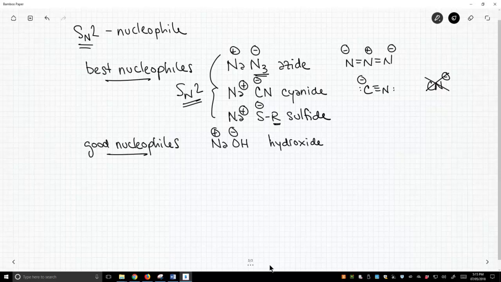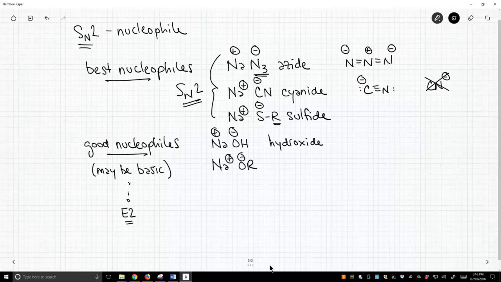Note that almost all the good nucleophiles may also be basic. And we'll see that that's a problem later and is going to lead us to the E2 reaction. But the fact is these reagents I'm going to list can be nucleophiles in the SN2.